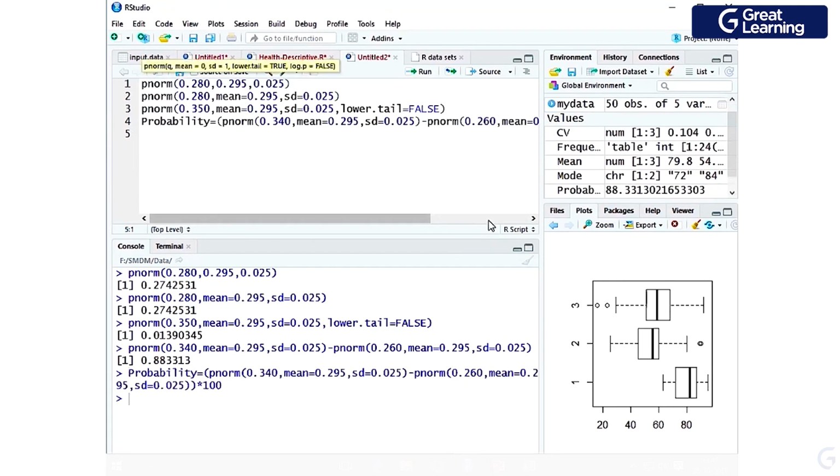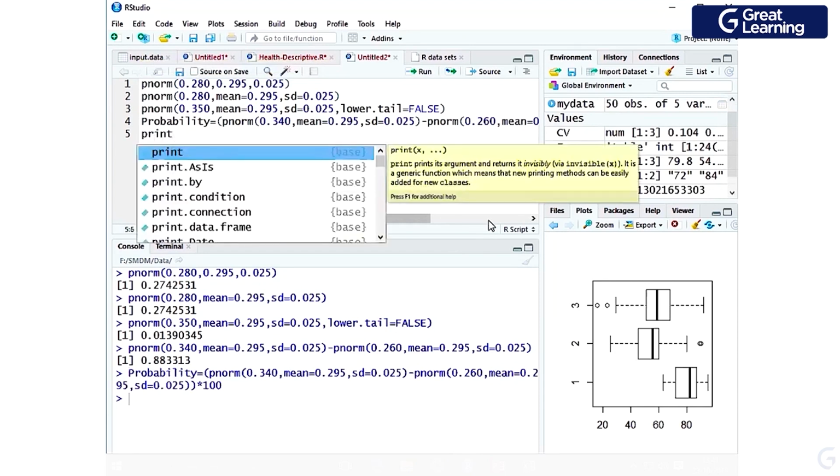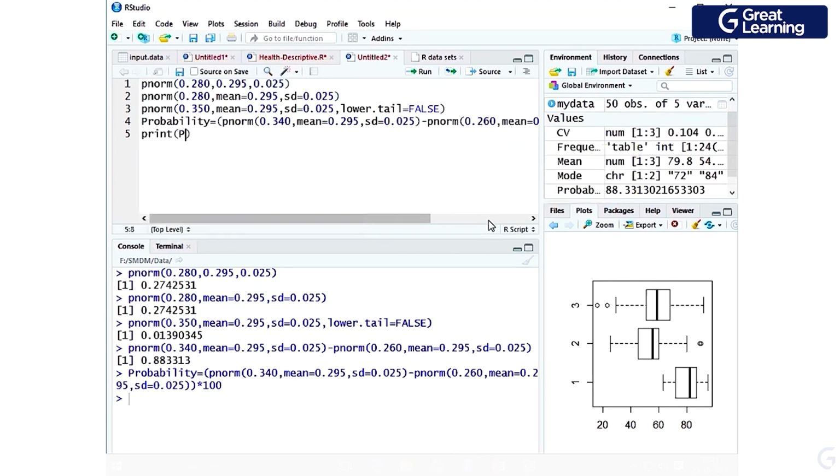Now print probability, digits is equal to 4, let's say. 88.33. Digits is equal to 4, 88.33%. So you can get that.